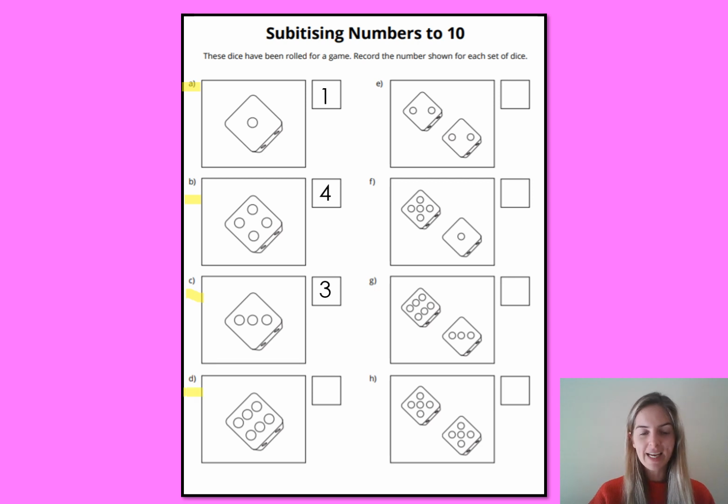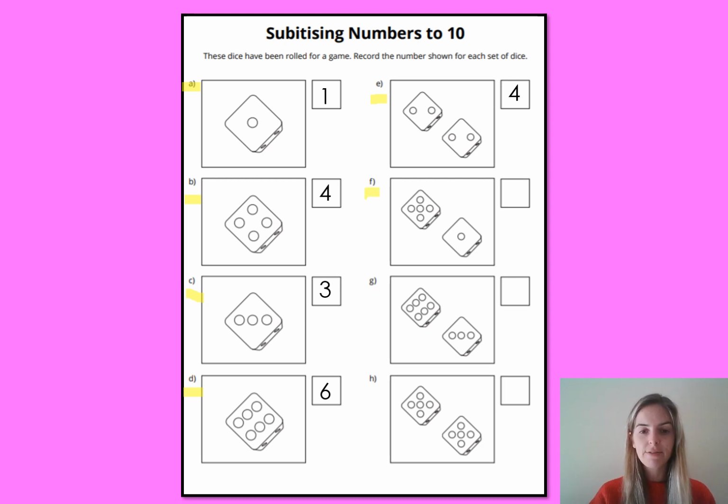On D, we had 6, and that's represented by 3 and 3. And we know that that is 6. For E, there was 4 because we had 2 dice here, and both of them had 2 on it. 2 and 2 is 4.